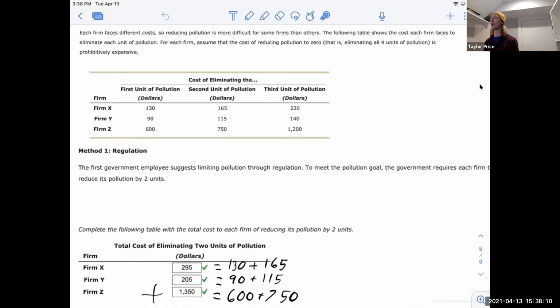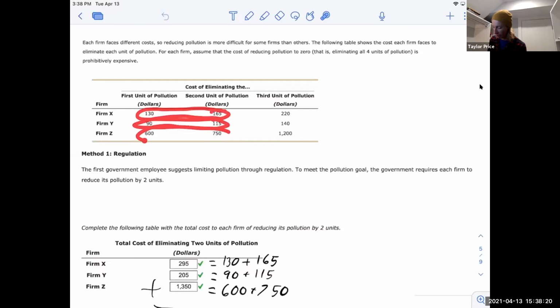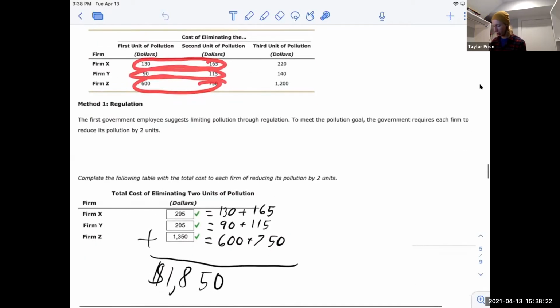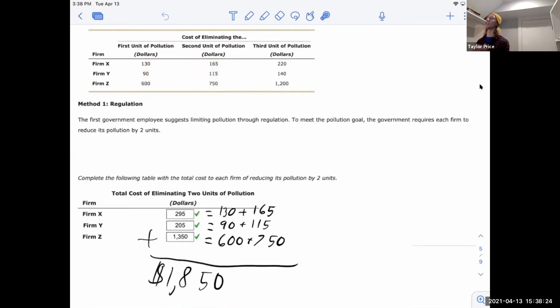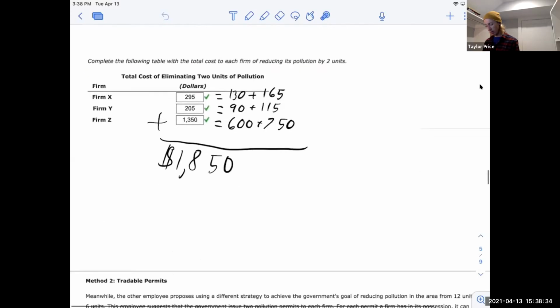The government requires that each firm reduce pollution by 2 units. All we have to do is add up these numbers for every firm to get the total cost, which in this case is $1,850. So the regulation method's pretty easy to come up with the cost.